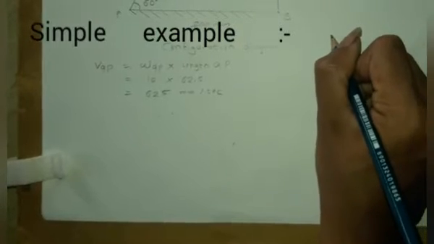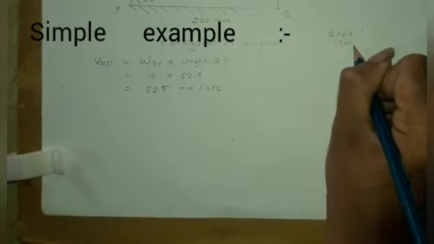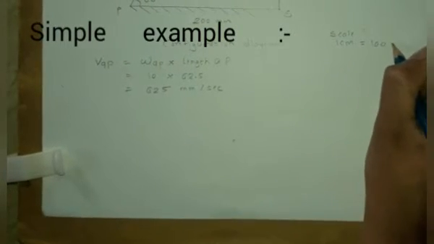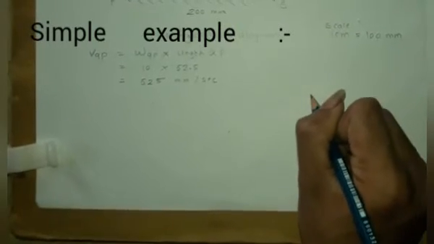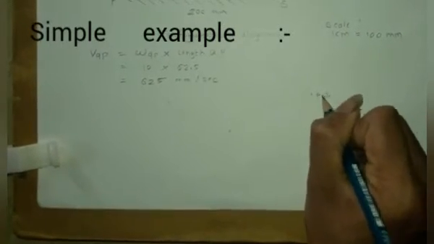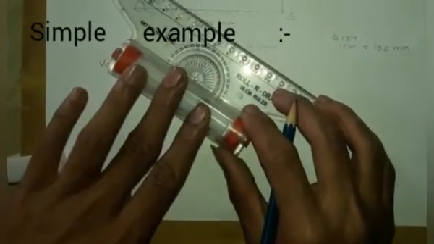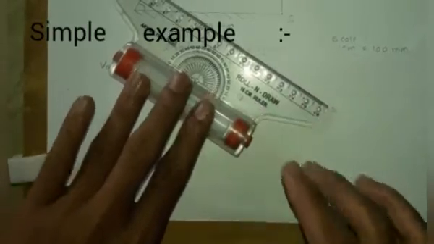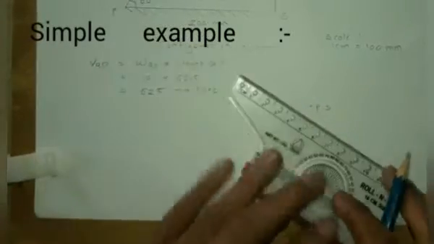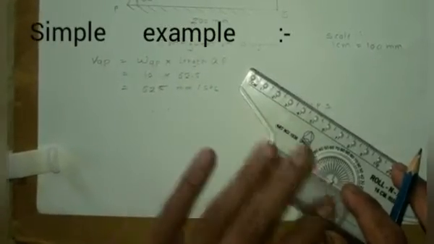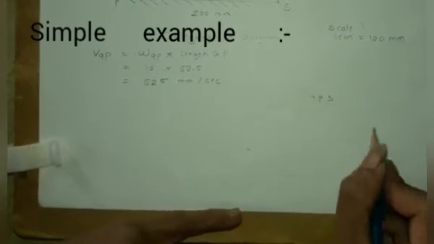Now for velocity diagram, we will take scale, 1 centimeter equals 100 mm. Let's take point PS, which is a fixed point. We will take a perpendicular to link QP and it will pass from point PS, and it has a definite magnitude.